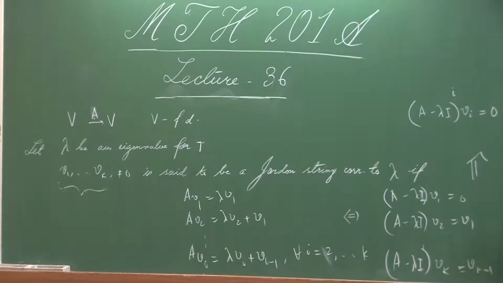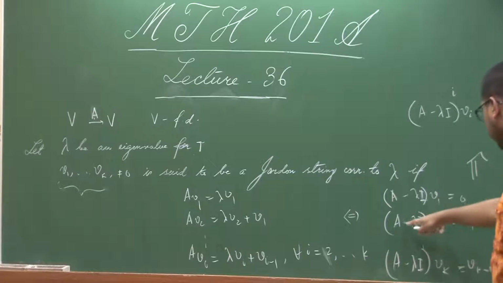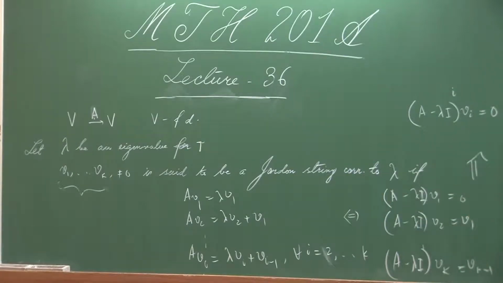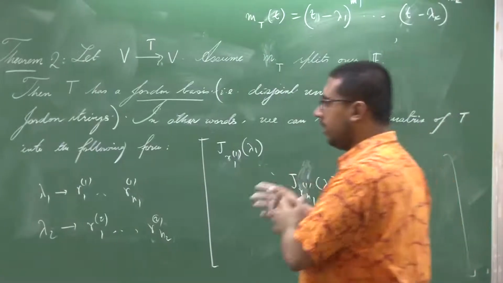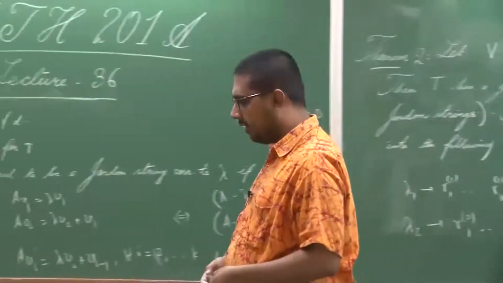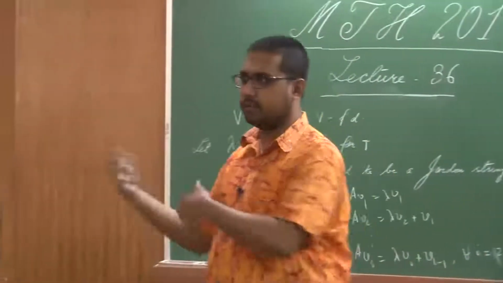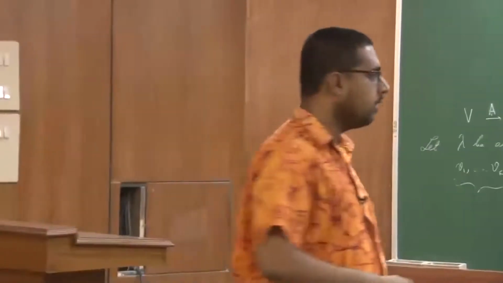Yeah, A v1 equals lambda v1. Then (A minus lambda) v2 is v1, so A v2 will be lambda v2 plus v1. So, a Jordan string of A corresponding to eigenvalue lambda becomes a Jordan string of the operator A minus lambda I corresponding to eigenvalue 0 and vice versa.